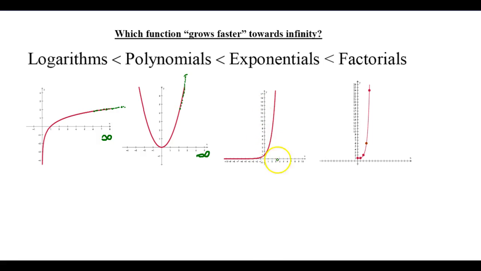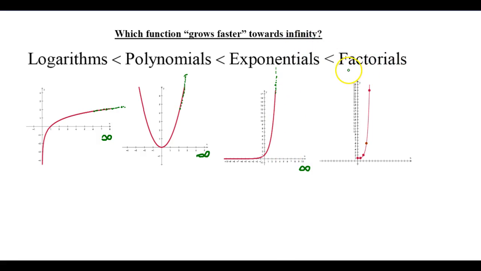Here is the graph of e to the x. As I look at values closer and closer to infinity on the x-axis, my y values are definitely going towards infinity. So all of these are heading towards infinity, but exponential functions grow even faster than polynomials. These values are going to rapidly start getting bigger and bigger as I move along the x-axis.